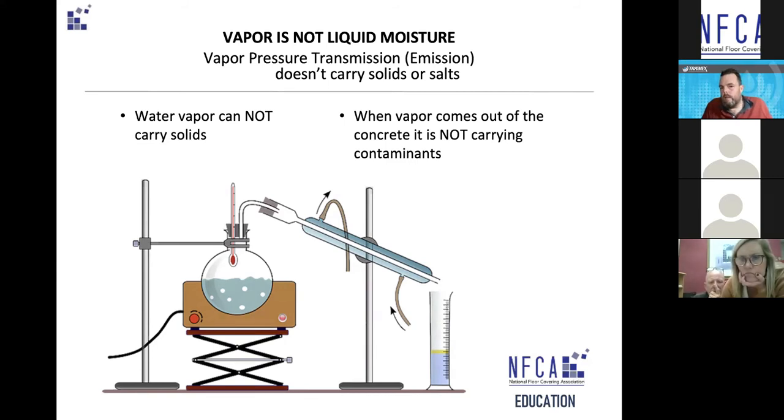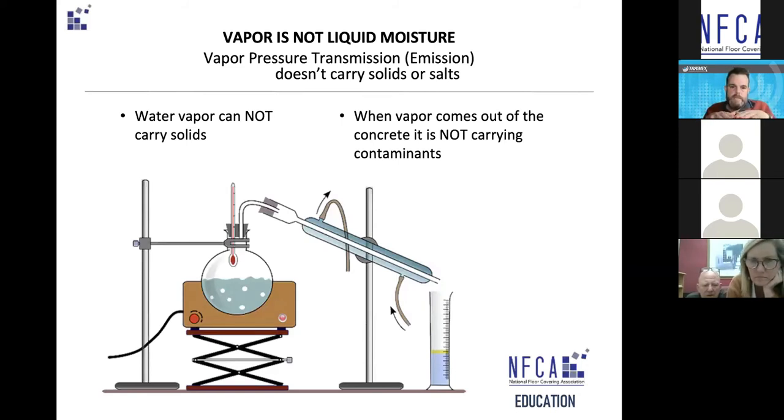So, you know, from that, people have made an assumption that water vapor causes damage, which generally it doesn't. When you distill water, you do so to gain pure water. So the water vapor that comes off from distillation of water is pure water. The contaminants get left behind. And so we have a similar situation with concrete in that when concrete is first placed, the salts are generally lighter than the aggregates.